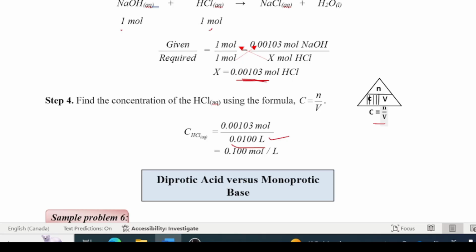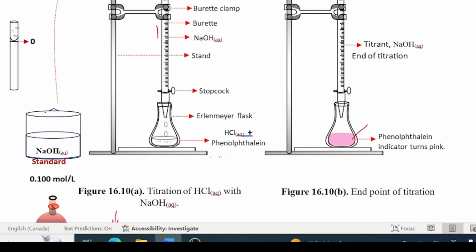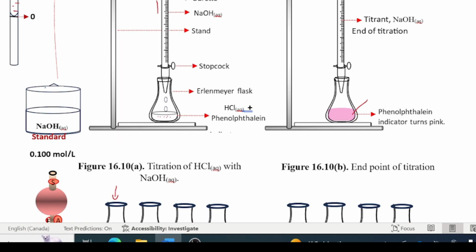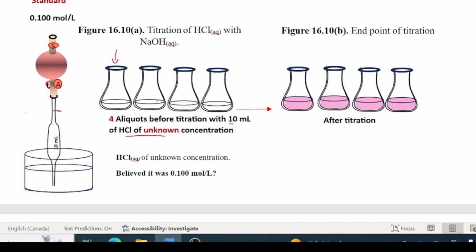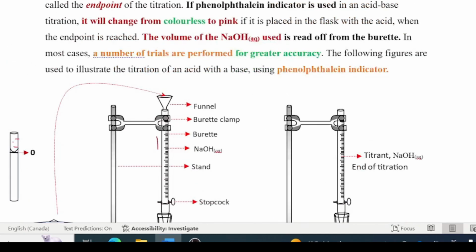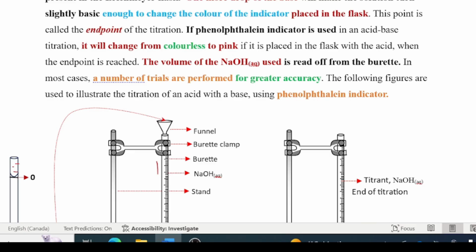So, quick review. The substance that you want to find out about its concentration is poured into these Erlenmeyer flasks. 2 drops of phenolphthalein indicator are placed in each of them. Okay? And then your burette is prepared with the sodium hydroxide. In that case, it is called a titrant.